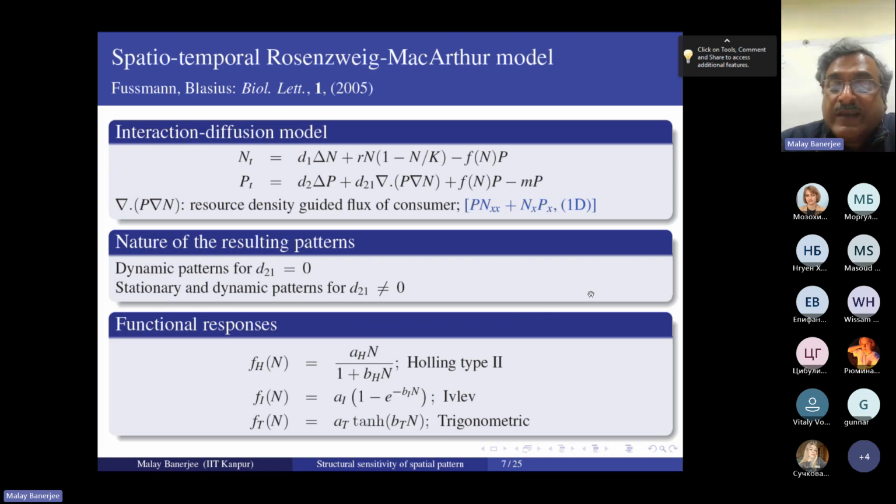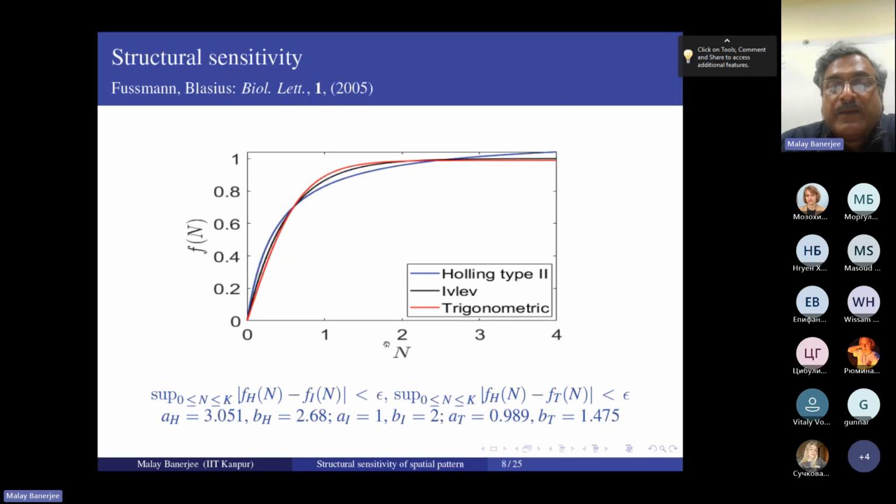So what is the range of values of n we have considered? We have considered the range of values of n from 0 to 4. Next question is what is the guiding factor such that we can have this 0 to 4? One guiding factor is the magnitude of k, because for the temporal model we can prove that at long time n will always be less than or equal to k.